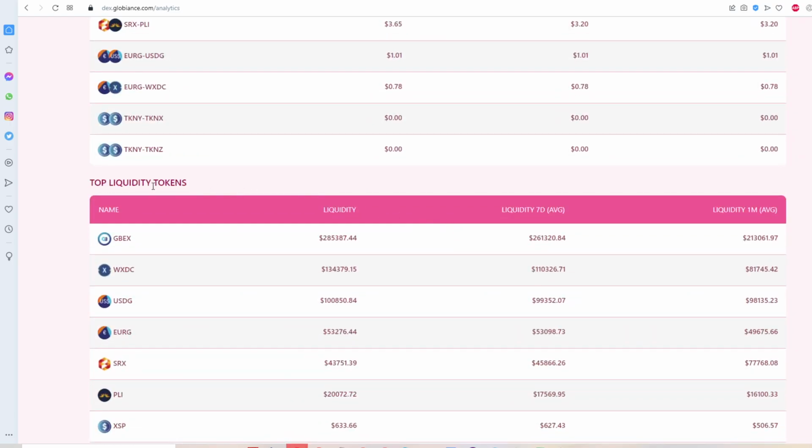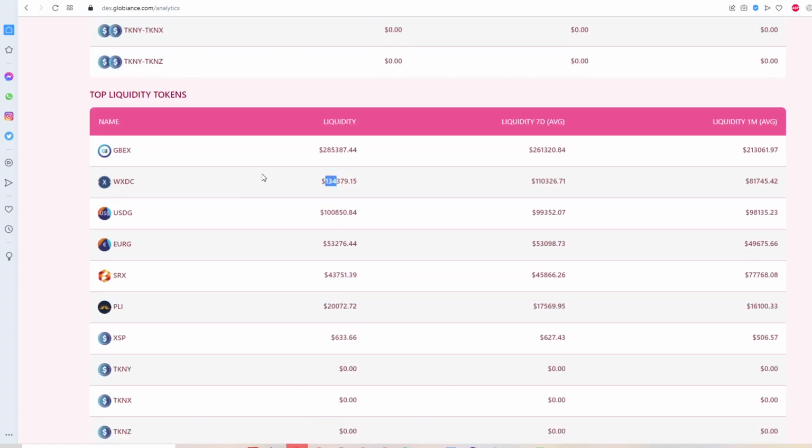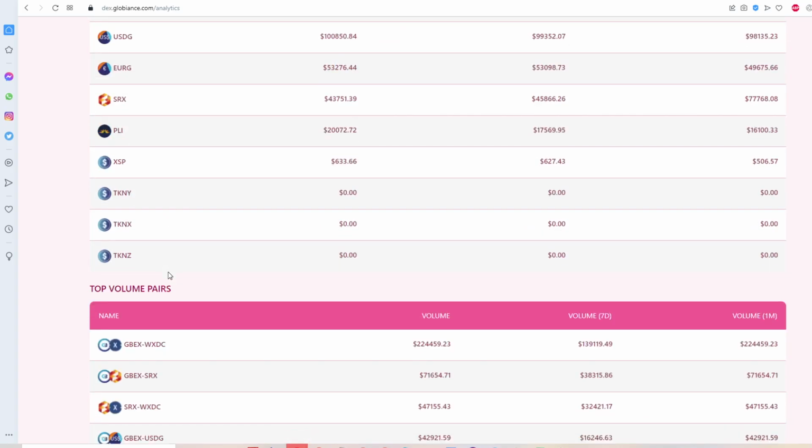And then the tokens themselves, how much liquidity is there. For GBEX itself there's 285k liquidity currently on the DEX. Wrapped XCC, which I think includes XCC itself, is 134k, and then USDG, UOG.